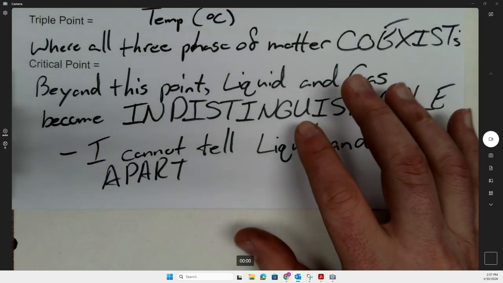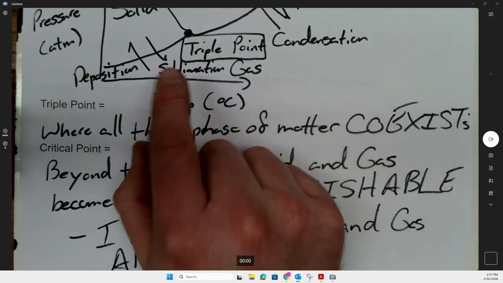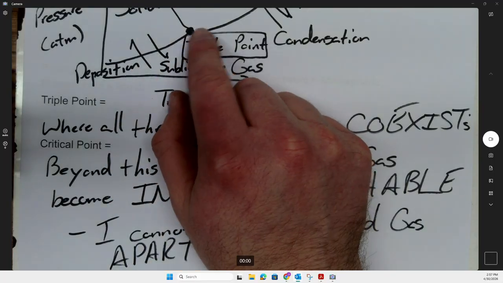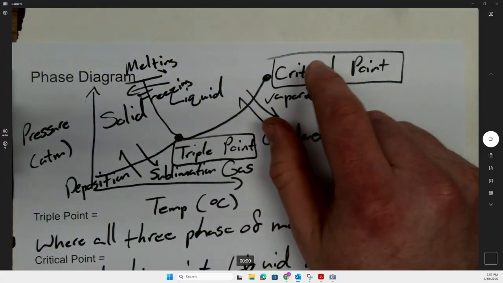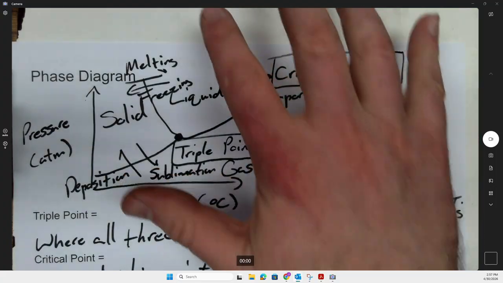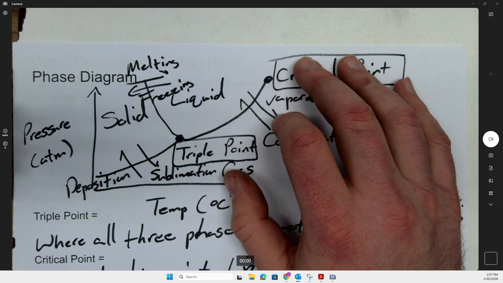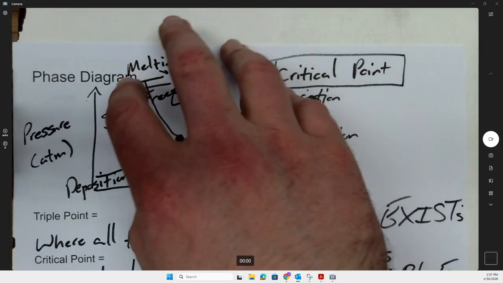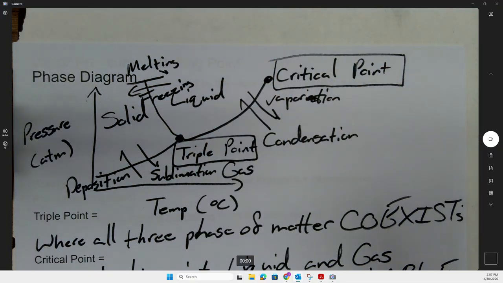So, my triple point is this weird place where my substance is experiencing all states of matter. My critical point, beyond this point, I cannot separate my liquid from my gas. With enough pressure and enough temperature, it gets very weird very quickly.